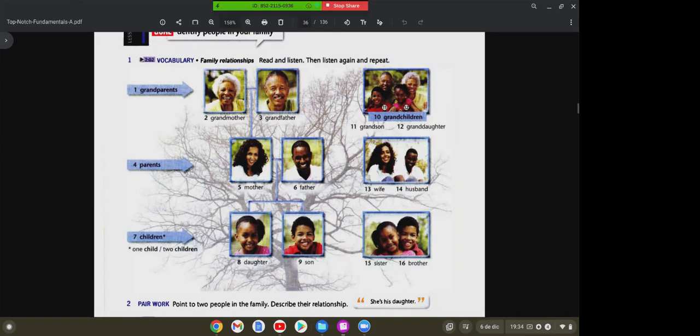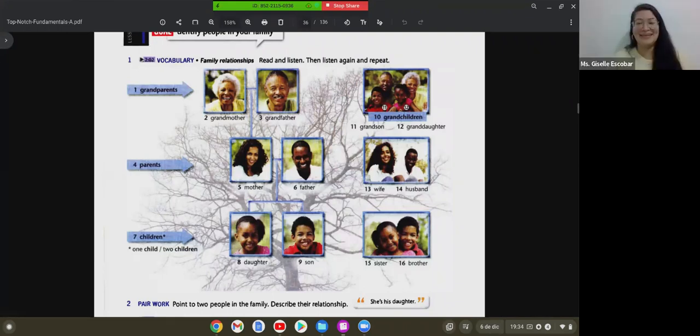Now, Erika. Easy peasy. No, mentira, teacher. Me costó. Now, Erika, are you ready? Yes, teacher. Okay, let's see. Can you tell me the relationship between number 3 and number 9? Who is he?